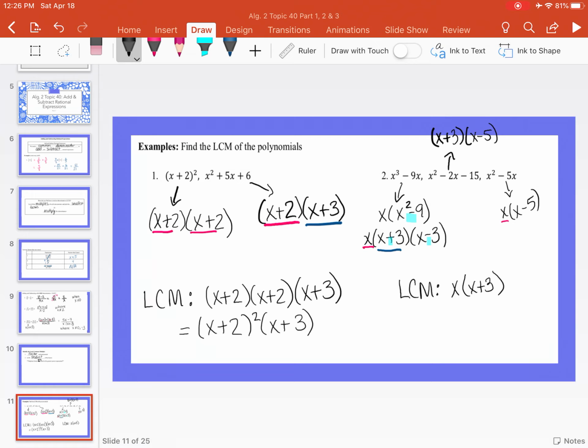Then we have an x minus 3. Looking at the next polynomial, we factored it to be x plus 3 times x minus 5. Now we already accounted for our x plus 3. However, x minus 5 is different.